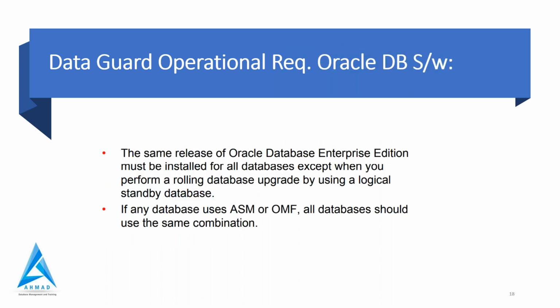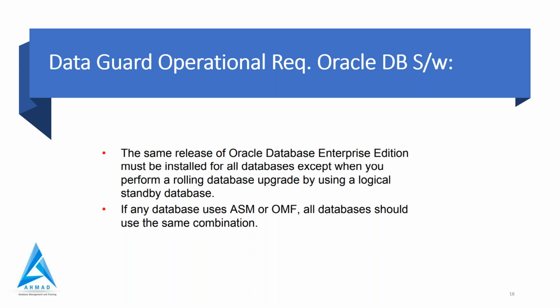Another concept is about Oracle database software. As everyone knows, DataGuard comes in database Enterprise Edition, and other than that you will not get it. When Oracle DataGuard is available in your Enterprise Edition, then you can configure it.